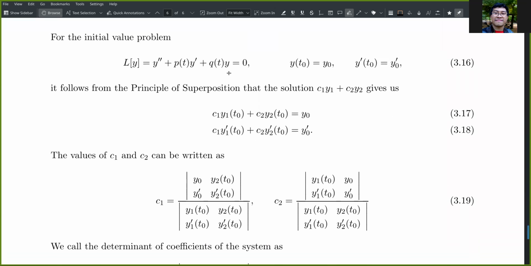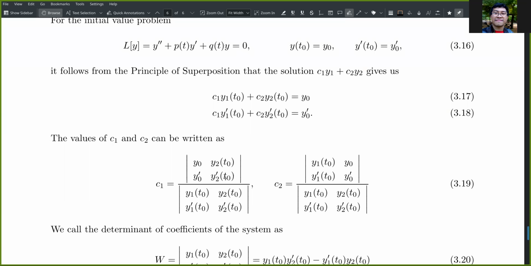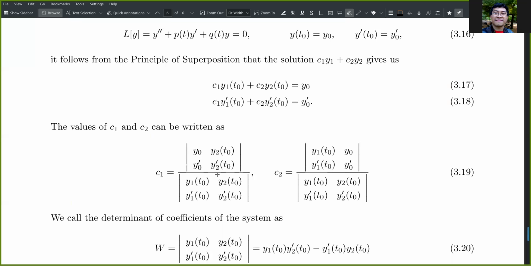For the initial value problem, it follows from the principle of superposition that the solution gives us two equations comprising a system of equations. So our goal is to find C1 and C2. This is two equations with two unknowns. The values of C1 and C2 can be written generally using determinants.